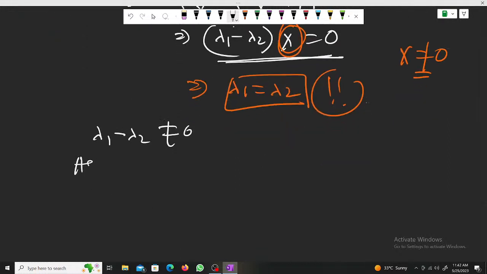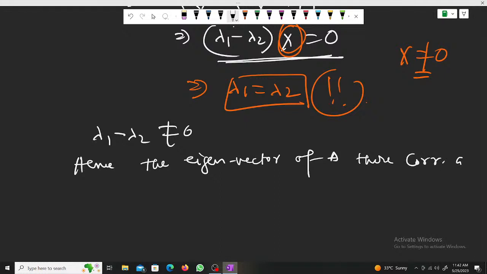hence we can say that the eigenvector of the matrix A, there corresponds a unique eigenvalue of the matrix A. Clear?